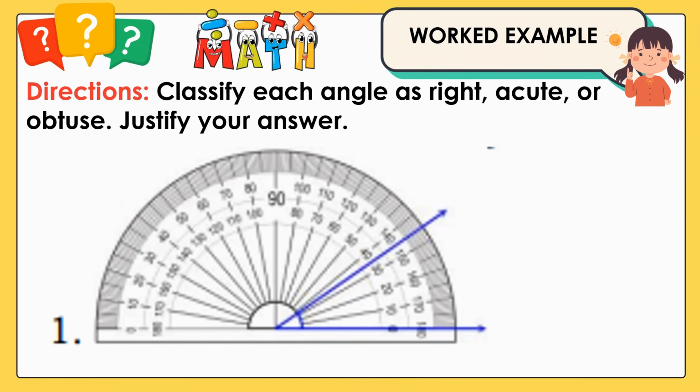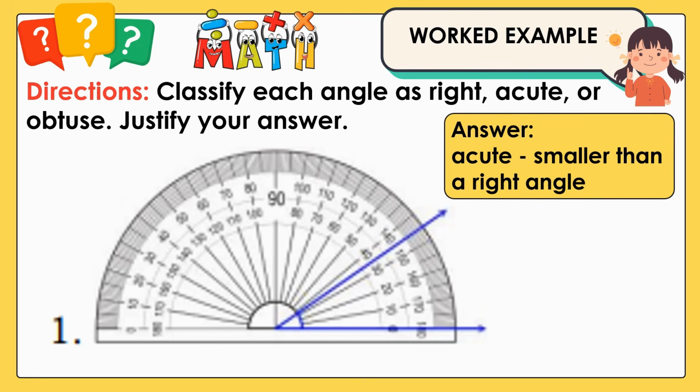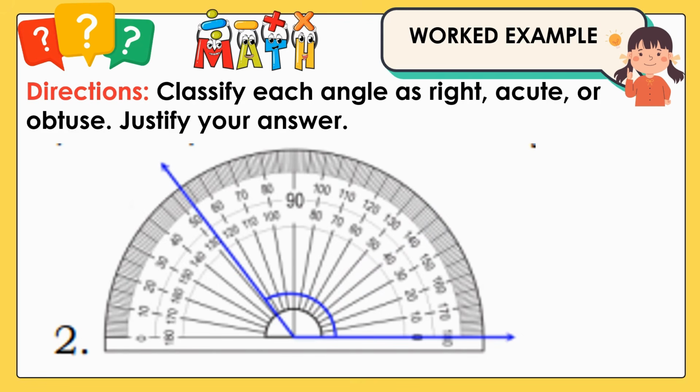Let's have the worked example. Directions: classify each angle as right, acute, or obtuse. Justify your answer. Number 1. Look at the picture. The answer is acute because this is smaller than a right angle. Number 2, look at the picture carefully.